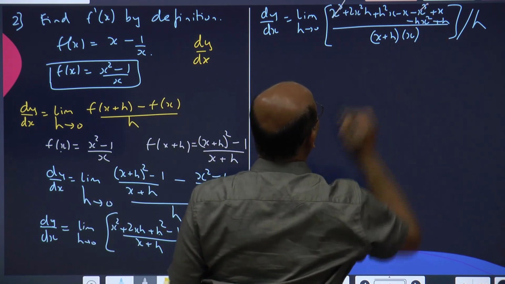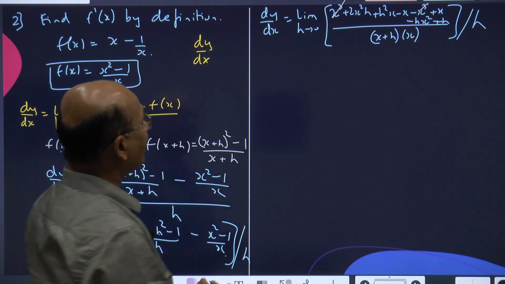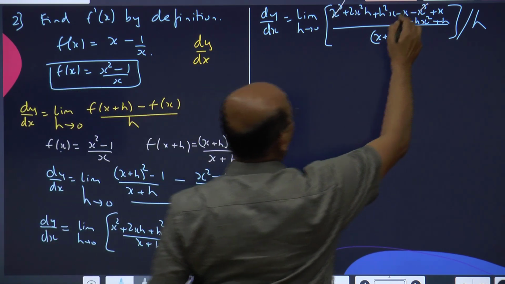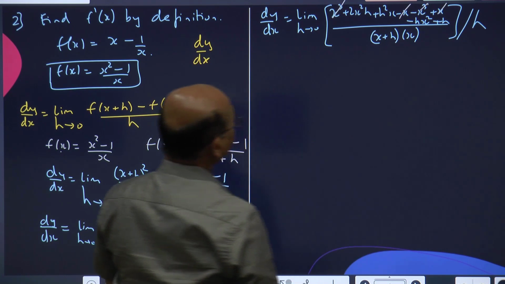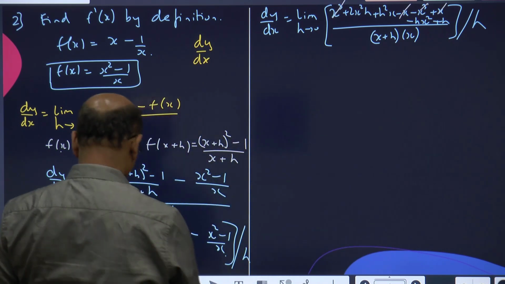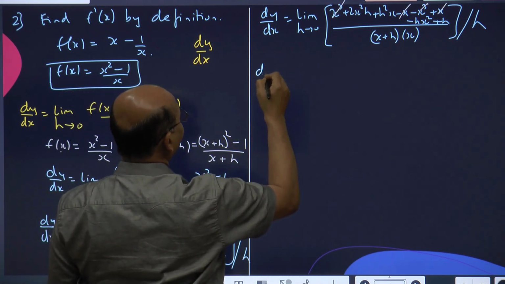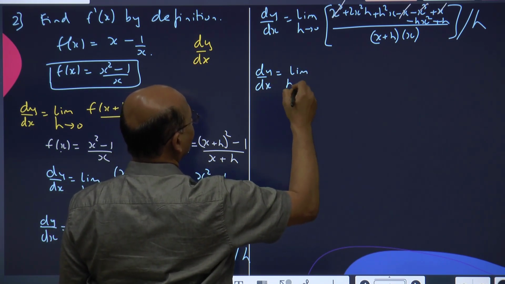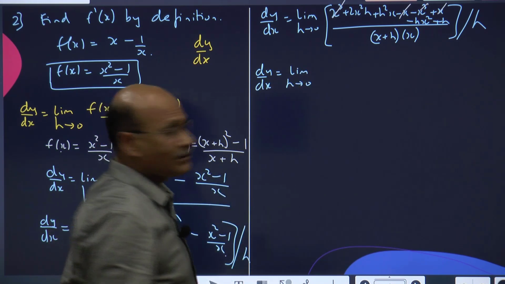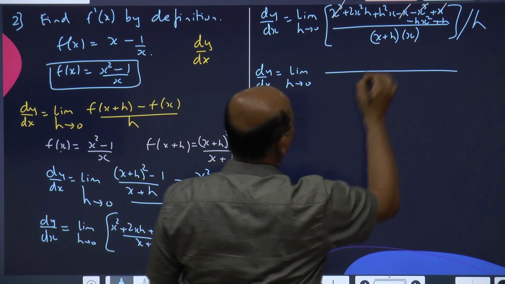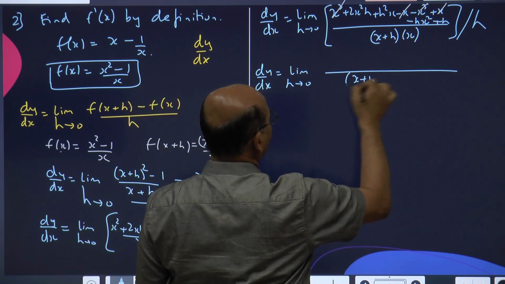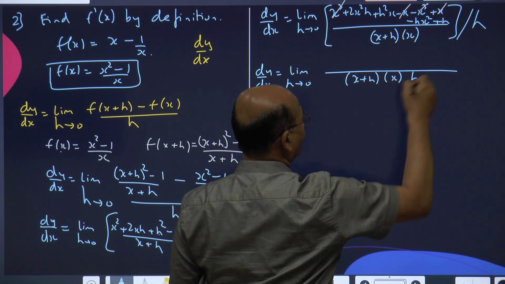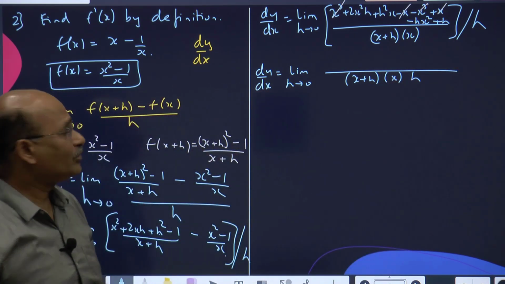Now let us see what I can really get out. x cube gets cancelled. Then minus x plus x gets cancelled. That's it. So let me write down dy by dx is equal to limit of h approaches 0. Now let us see what happens. The denominator is x plus h into x, and the h of the denominator will come down along with the denominator.